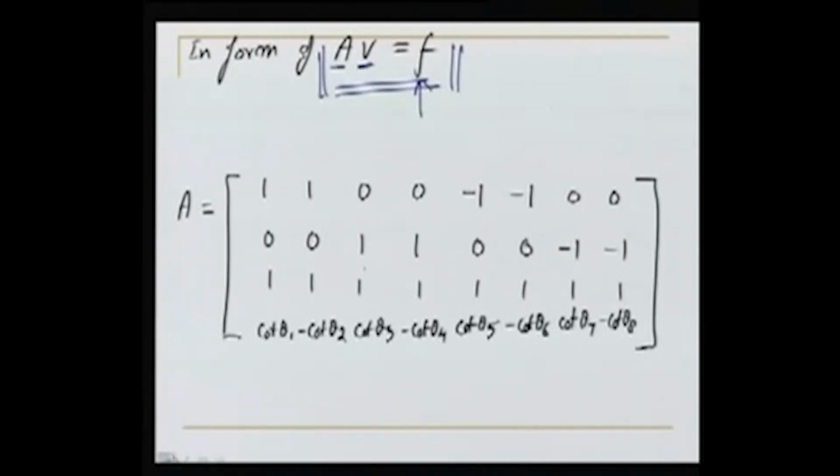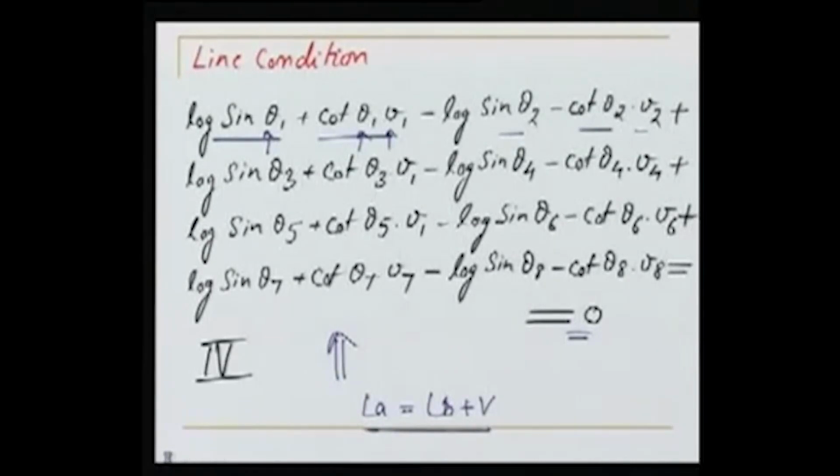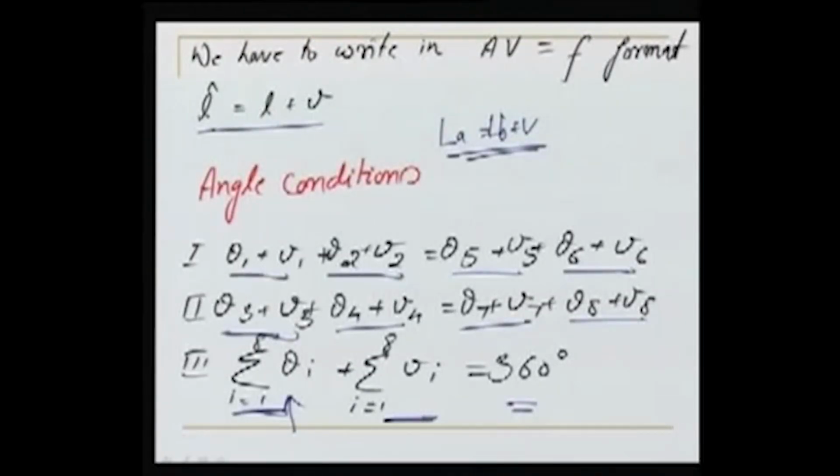This A will come from the coefficients of V1, V2, and so on up to V8 in these equations. From the very first equation, the coefficient is 1, 1 and minus 1, minus 1. For theta 3, theta 4 it is 0, 0. For theta 7 and theta 8 again 0, 0.